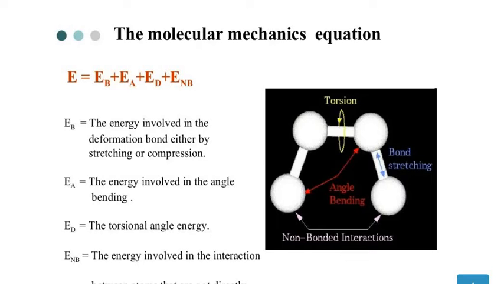EA means the energy involved in angle bending, ED the torsional angle energy, and ENB the energy involved in non-bonded interactions. So torsions, bond stretching, angle bending and non-bonded interactions: in total, 4 interactions we have. After calculating these 4 interactions, we are calculating the total energy.